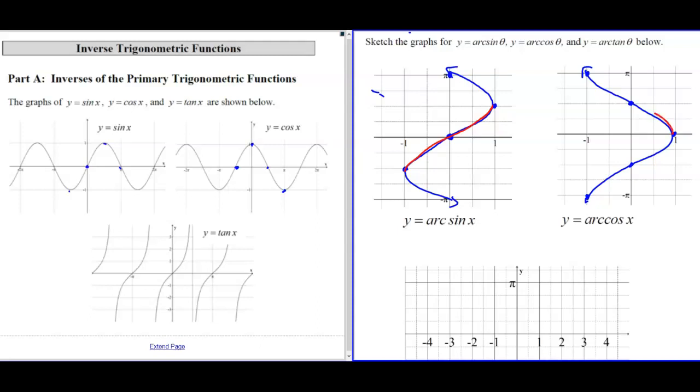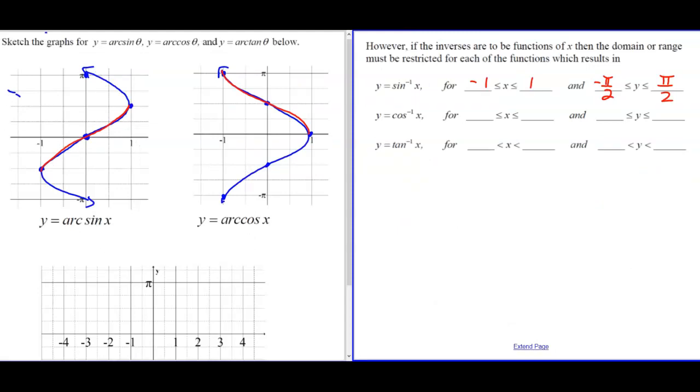So it's going to be this part here, for x between negative 1 and positive 1, same as for sine, but then our y's are between 0 and pi.